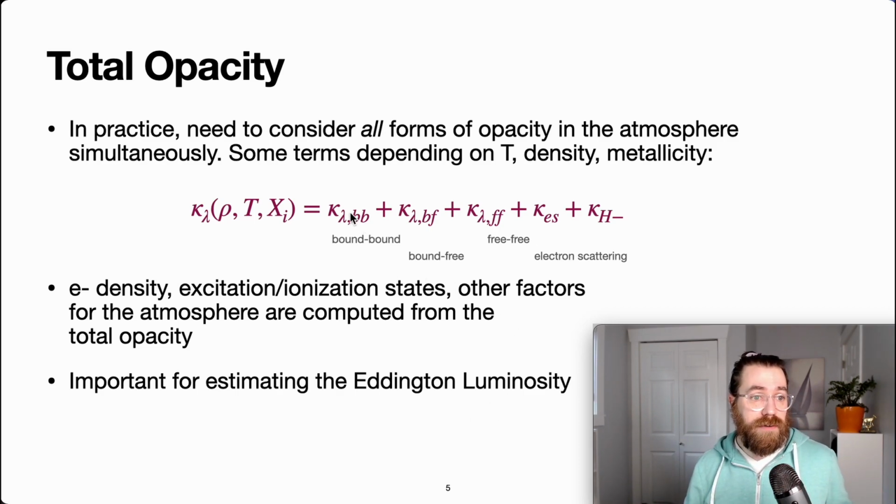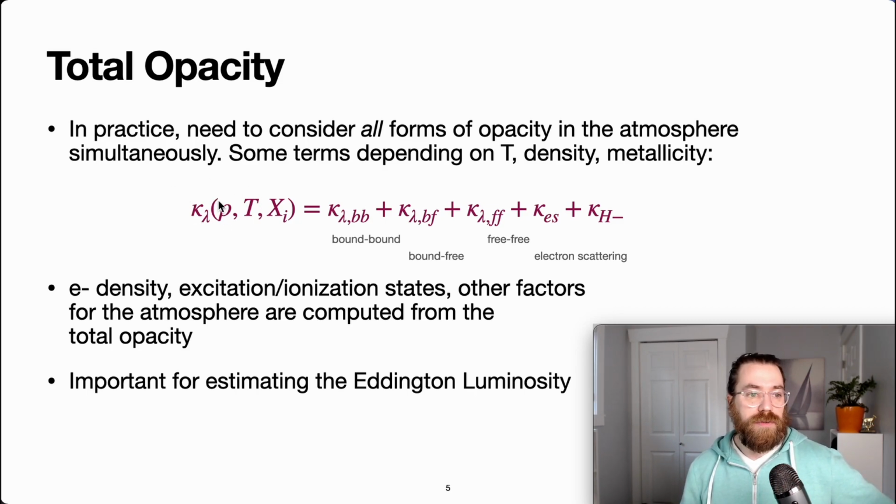And so, right, you need to understand both the ones that are wavelength dependent, like bound-bound, which are extremely wavelength dependent, bound-free, free-free transitions, as well as the continuous sources like electron scattering. And in fact, this is wavelength dependent, but it's weakly wavelength dependent. You need to add all these together into something we call the total opacity, some average total opacity.